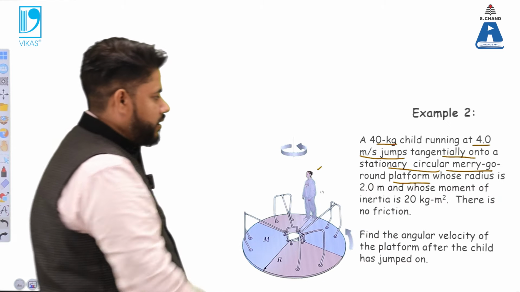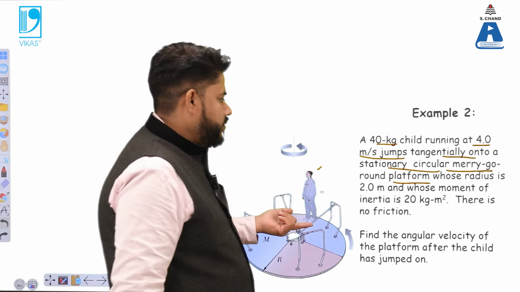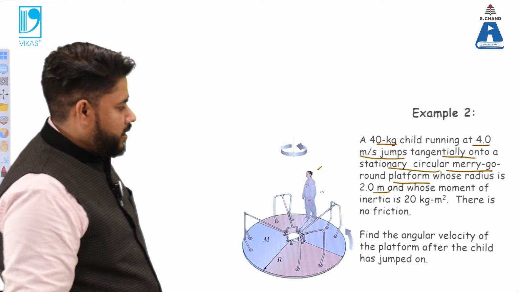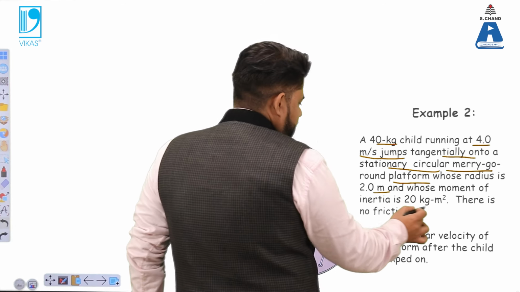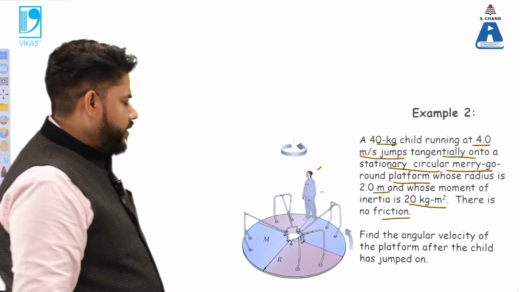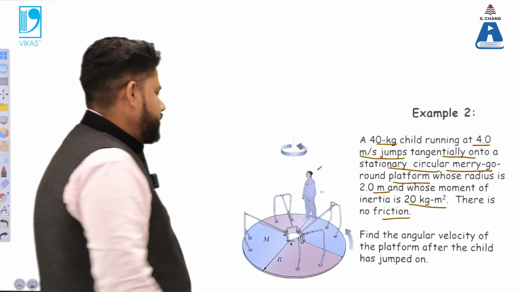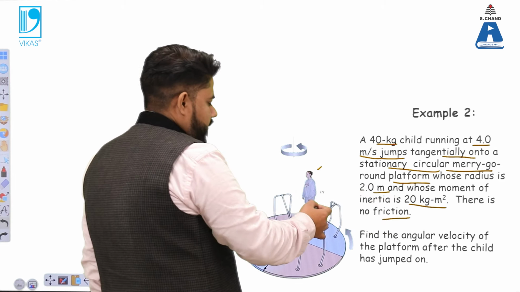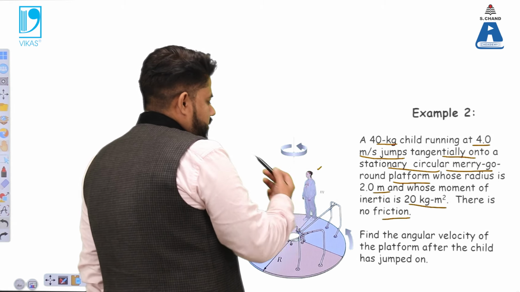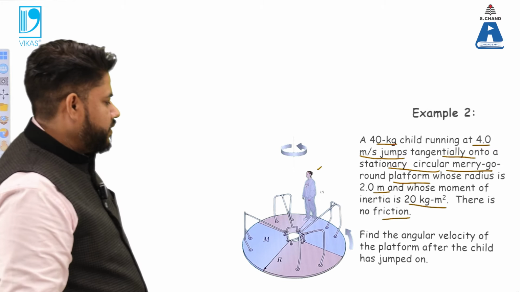The child comes in with a particular speed and jumps onto a stationary platform whose radius is 2 meters and whose moment of inertia is 20 kg meter square, and there is no friction. We need to find the angular velocity of the platform after the child has jumped on it. The child was running and jumped on this platform, and the merry-go-round started revolving.